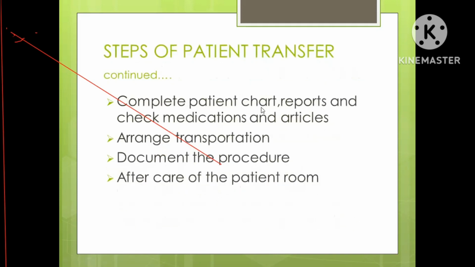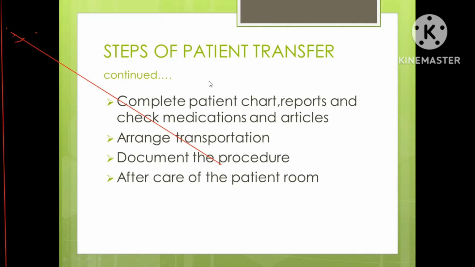Complete the patient chart, reports, and check the medications and the articles. So we have to complete the patient chart. Every hospital, every patient has a particular chart. I think you have seen that. Have you seen that particular chart or the patient records? There are some papers, some records, filled with the patient information.